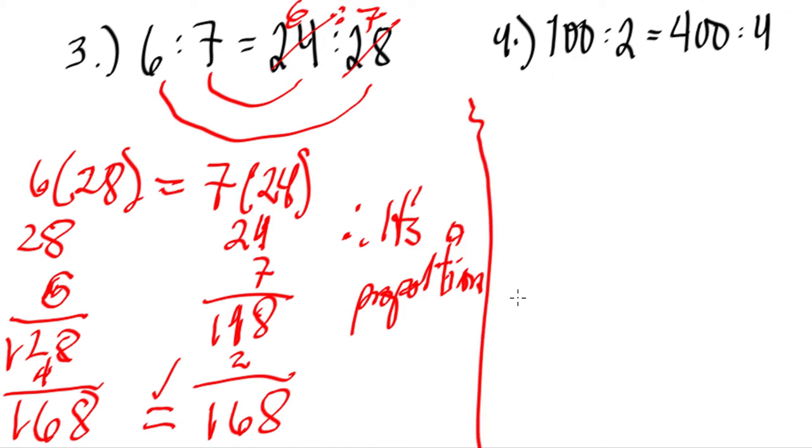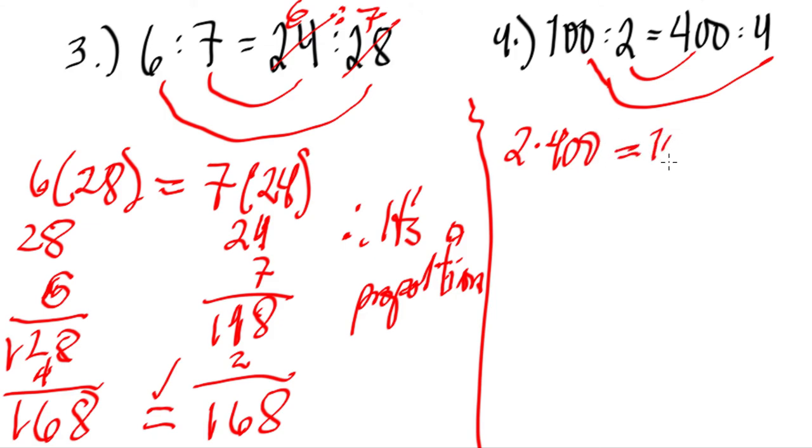Let's proceed to number 4. We have 100 is to 2 is equal to 400 is to 4. So the product of the means equals the product of the extremes. You may use the means first. 2 times 400 equals 100 times 4.